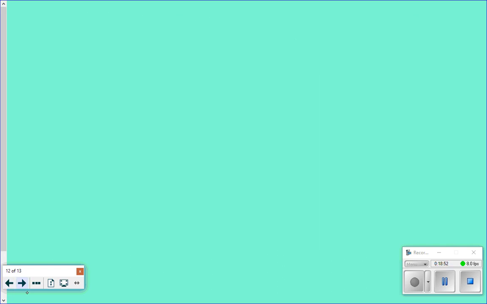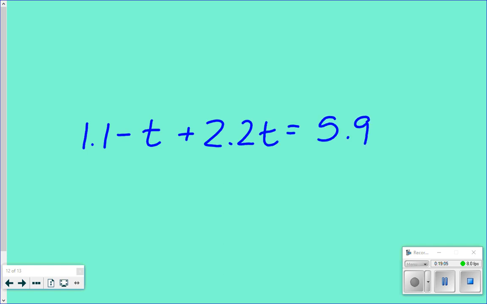One more. Try this one. 1.1 minus t, you can put a 1 in front of it if you want, plus 2.2t equals 5.9. So then we got to combine these two things.